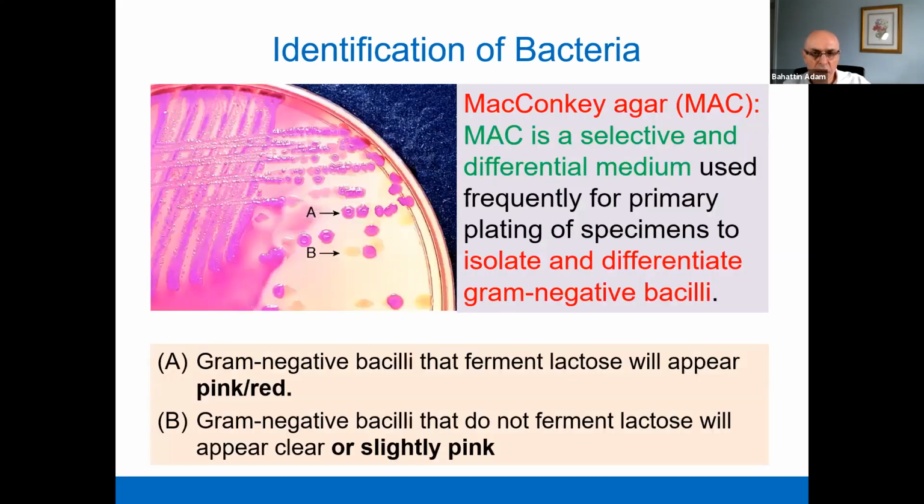As you see here, the MacConkey agar, okay, which is a selective and differential medium. We use it frequently for primary plating of specimens to isolate and differentiate gram-negative bacilli.